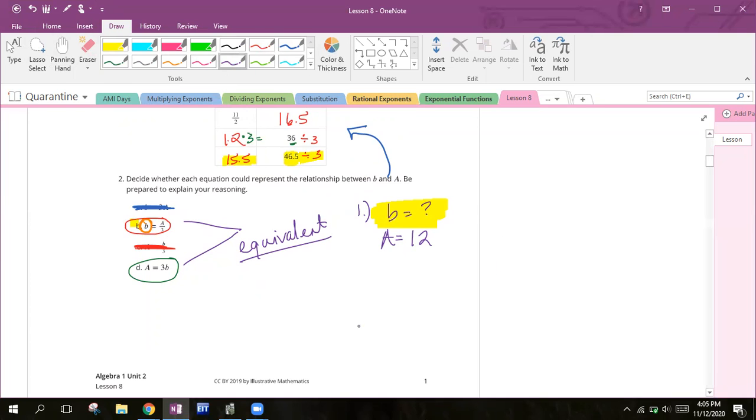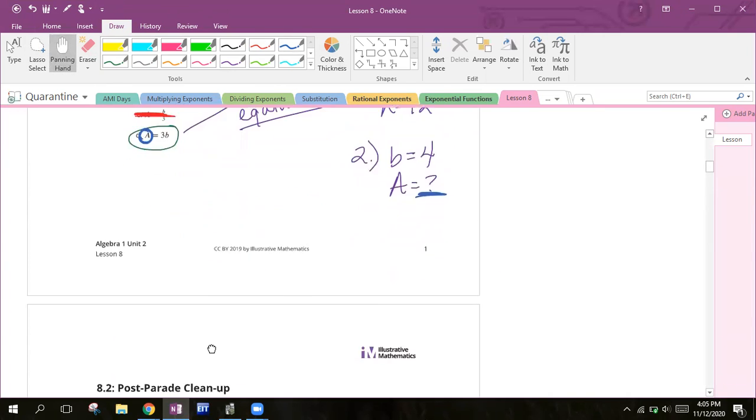Okay? And in the same note, if I knew that the base equaled 4 and I wanted to solve for the area, then I'm going to choose the equation that's already solved and set equal to what I'm looking for. Okay, so let's keep going and see how we're going to expand on that.